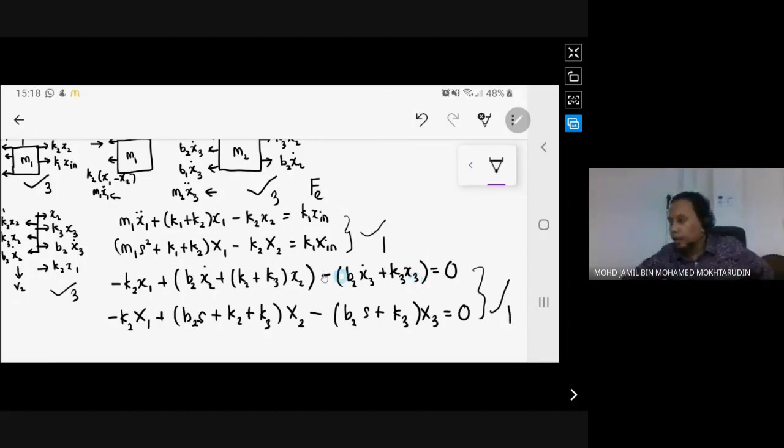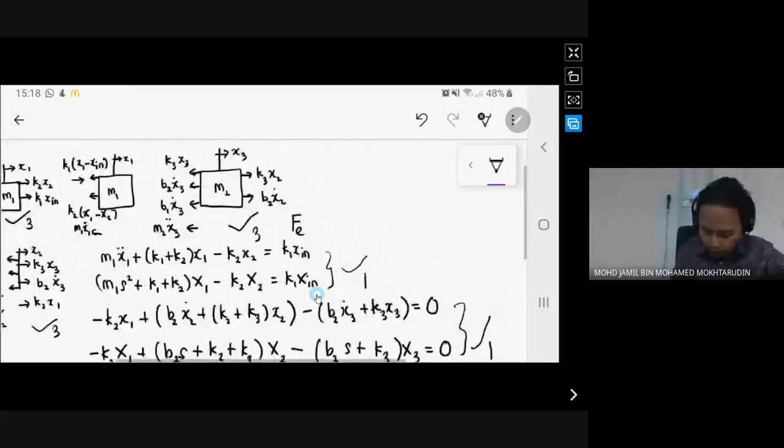Okay, so let's say if you write straight away in terms of frequency, you forgot to write in terms of time, also 1 mark. Okay, so if you write in terms of frequency straight away, it's acceptable. Okay, and lastly, the equation for free body diagram X3.